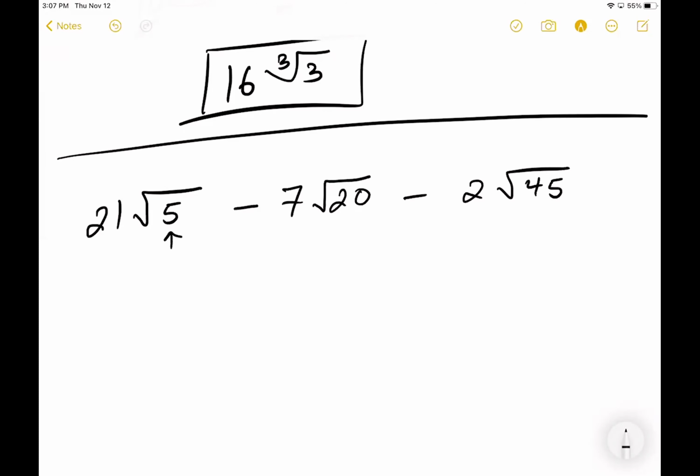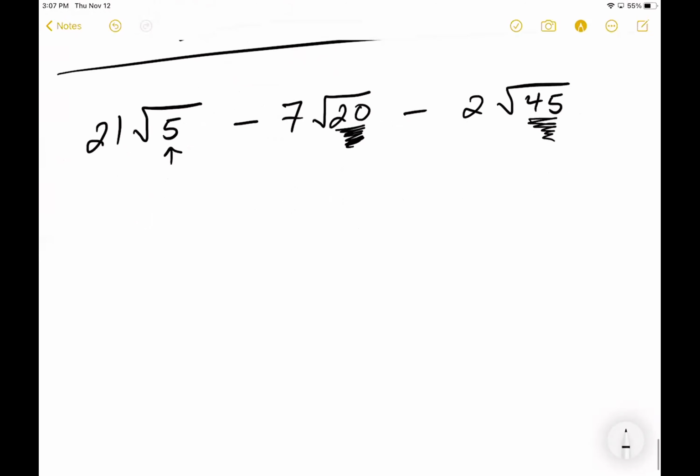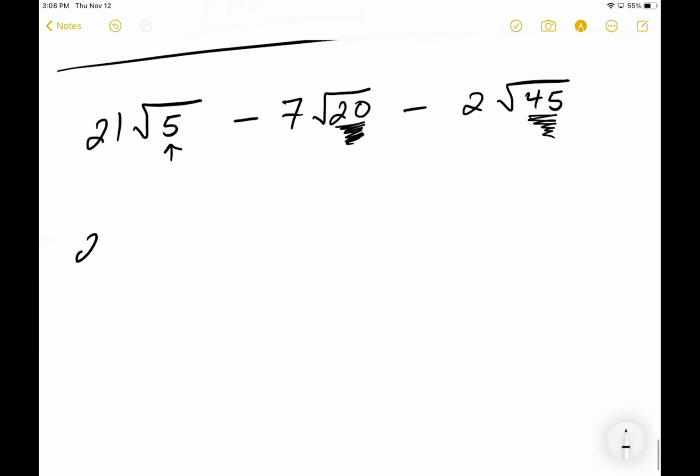And that's what you want to attack, because your goal is to ask yourself, can you turn the 20 to become a 5, the 45 to be a 5, right? That's what we want to attack. If you cannot do it, we don't need to do anything. But if we can do it, we need to change it, right? So looking at this thing here, the 5 will stay the same.